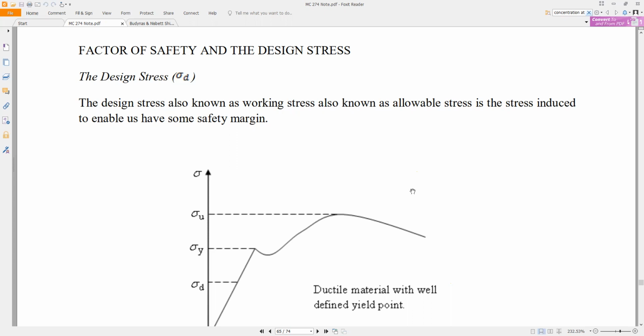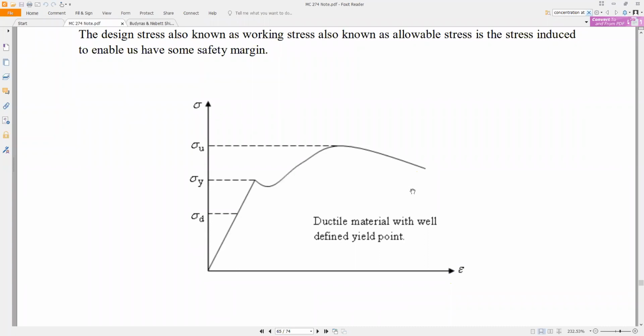So when we have looked at all the different types of failure that may occur in the material, when the material or the part is being designed, we want to ensure that we have some safe margin such that within that margin, the part can operate satisfactorily without any problem.